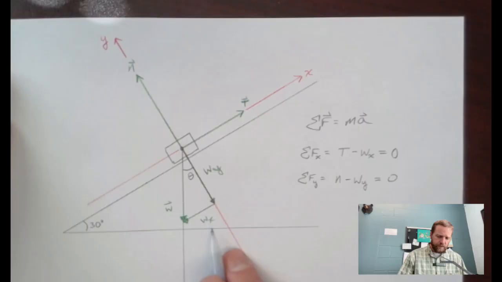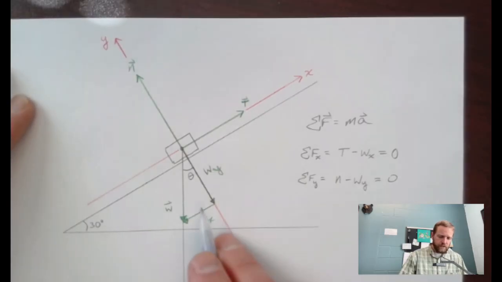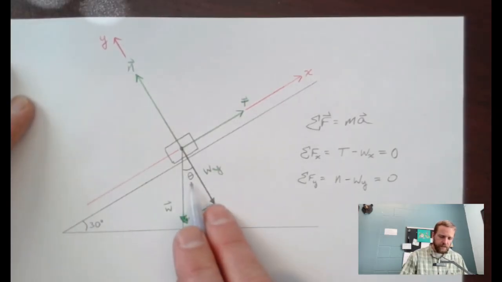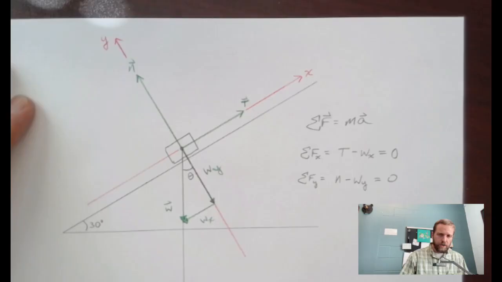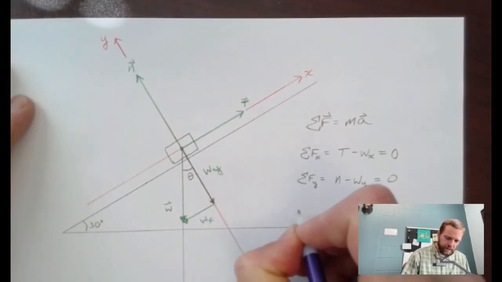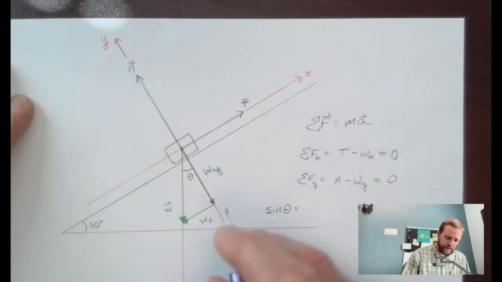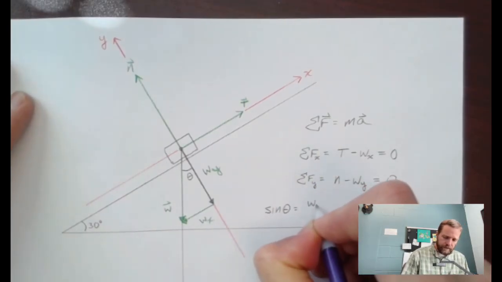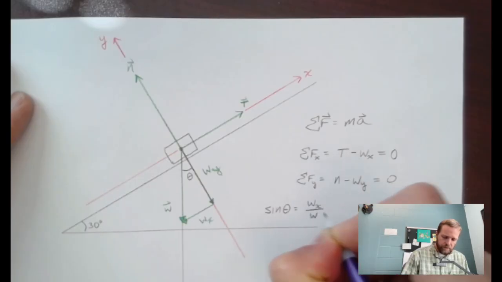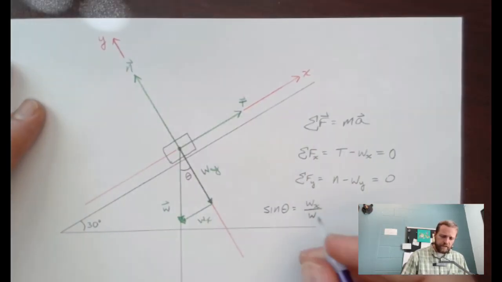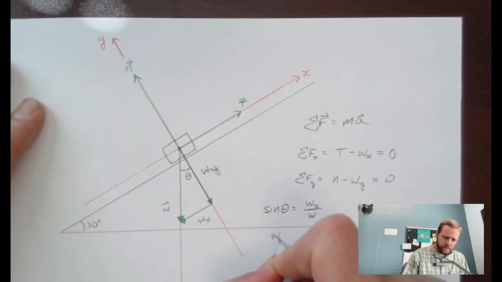Okay, so then when we look at this Wx, we know that it's related to this angle and the hypotenuse based on the sine function. The sine of theta is equal to Wx over W. So Wx is equal to W times the sine of theta.